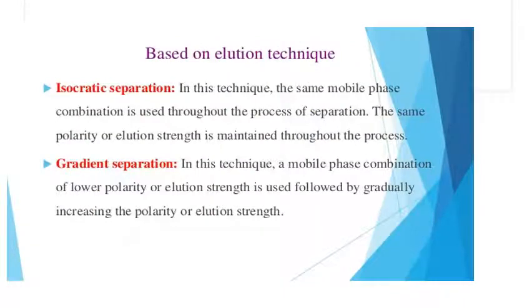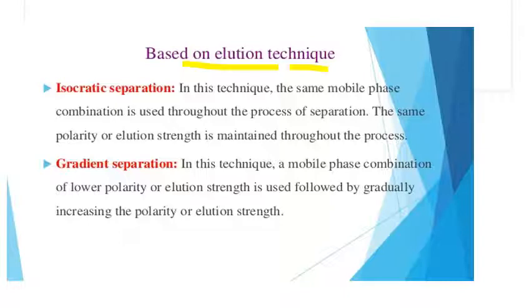After seeing the types of HPLC on the basis of the stationary phase selected, now we see them on the basis of application, or it is said to be on the basis of elution technique. Elution means the component coming out from the column. On the basis of that, we have two types of HPLC.